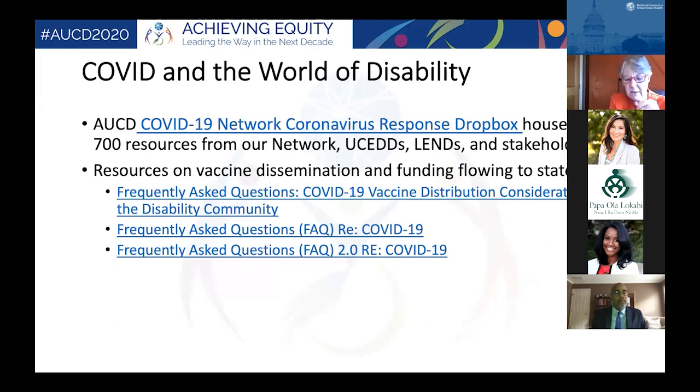And then recently, the three things that we've done most recently have to do with money flowing into states and the questions of how to influence what's going on in your states and in your communities, particularly the new one around vaccine distribution, which I think is really important. How do you find your state plan? How do you look at your state plan? What questions should you be asking? Who's left out from the disability community? How is it going to happen?